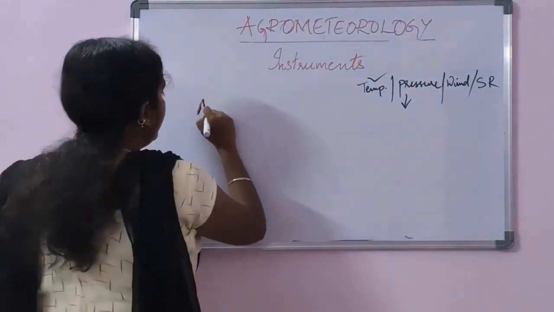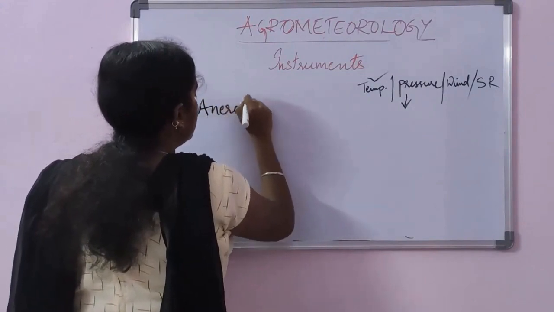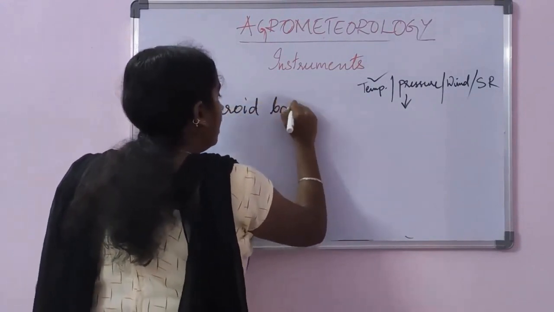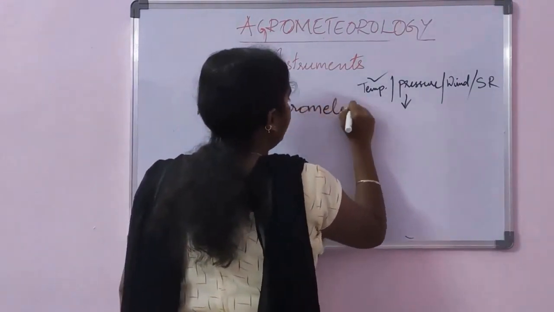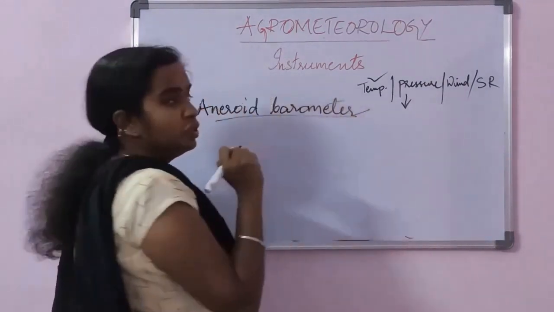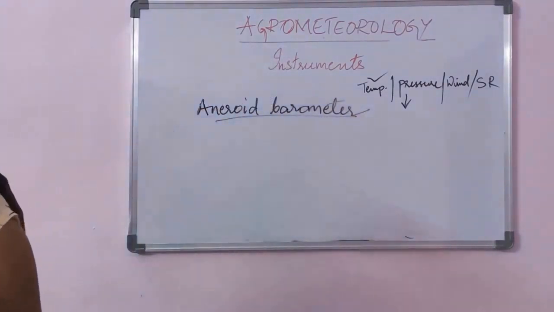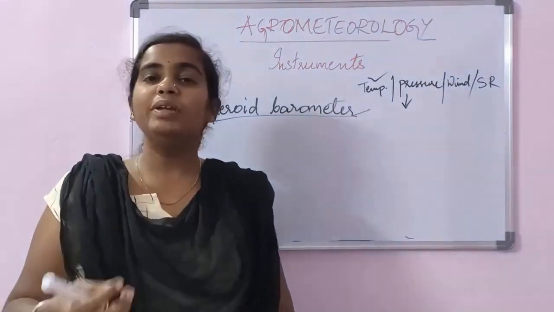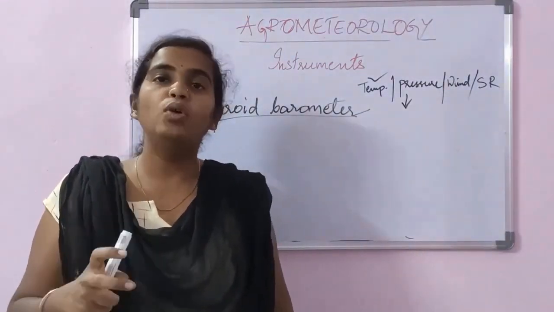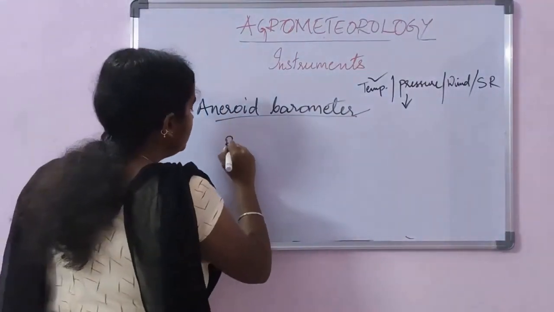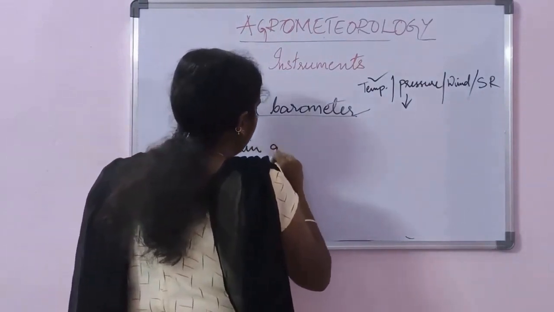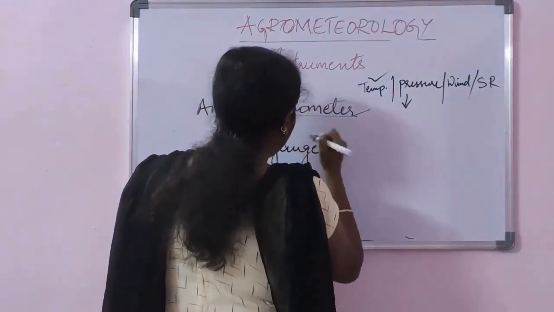One is the aneroid barometer. This measures the atmospheric pressure. And another instrument, which is used for measuring the amount of rainfall, is the rain gauge. I hope you know this. In rain gauge, we have 2 different types.